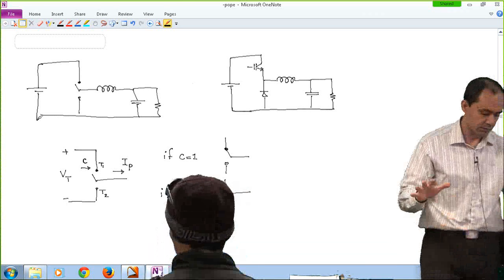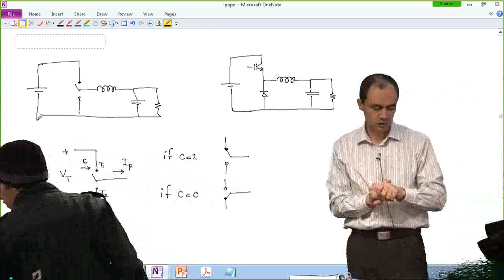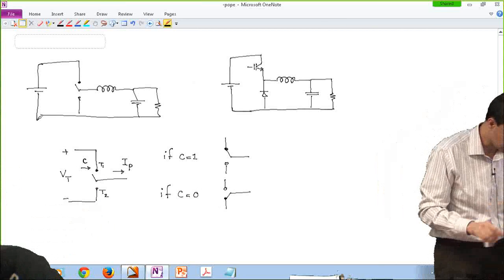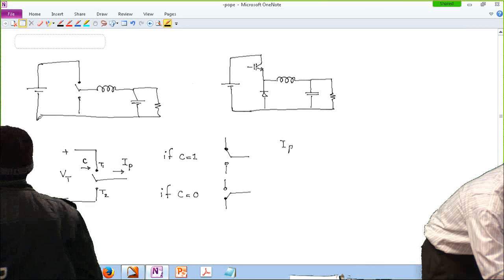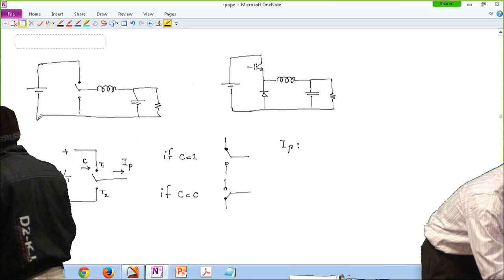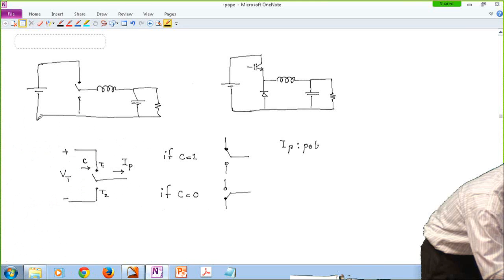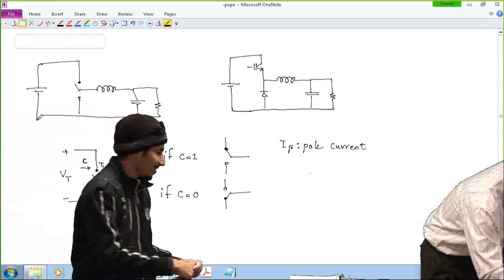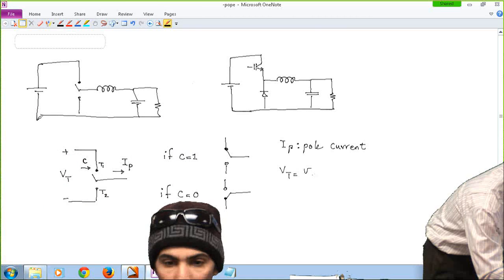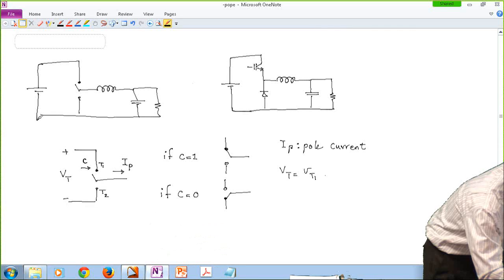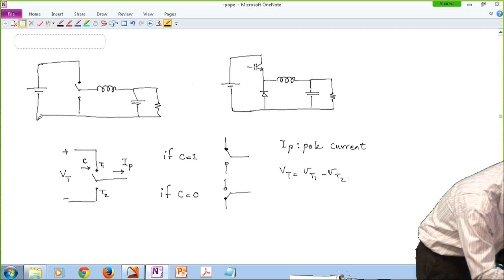So this is my basic definition. The pole current, I pole, let me write it over here: IP is the pole current. And VT, which is the voltage of throw number 1 minus the voltage of throw number 2, is the throw voltage.